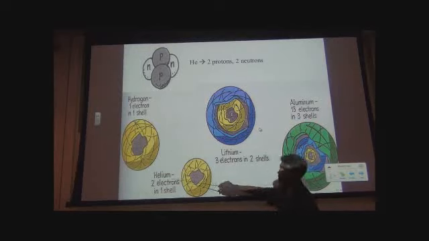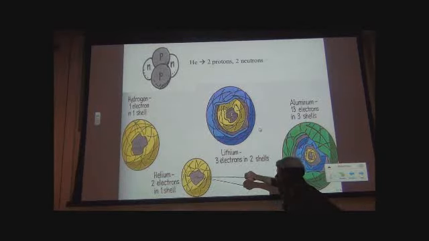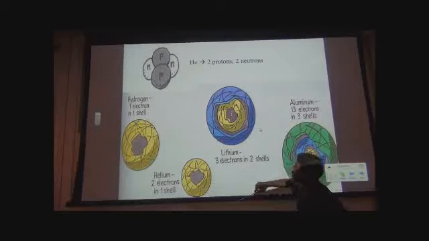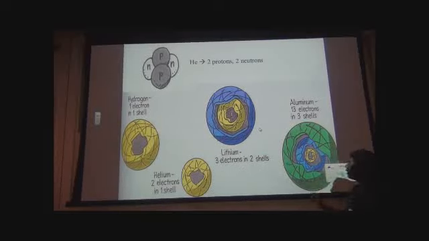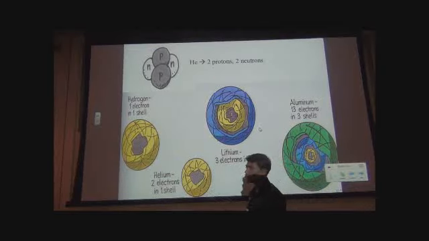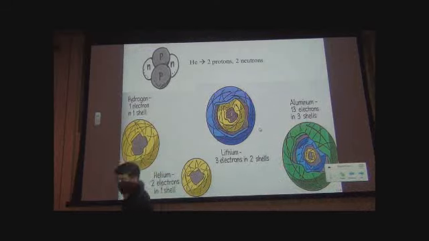Okay, so there's hydrogen. Helium, 2 protons, so you need 2 electrons in the first shell. The yellow shell is the first shell. It turns out that the first shell can take, it's kind of like the Roman arena. Usually there's a whole bunch of markers there. Okay, so think of the Colosseum, right?